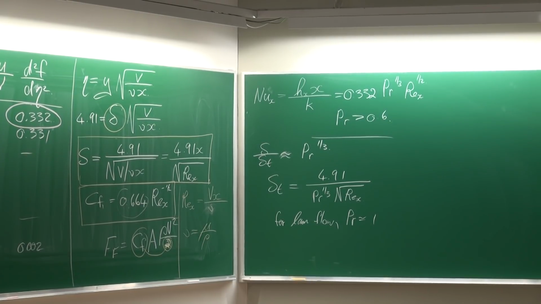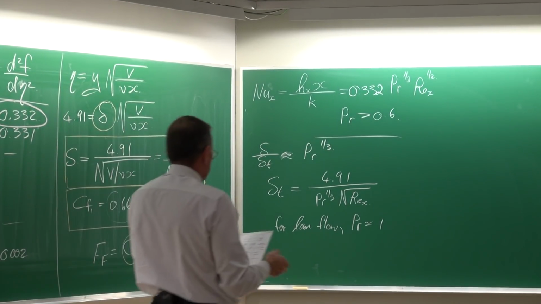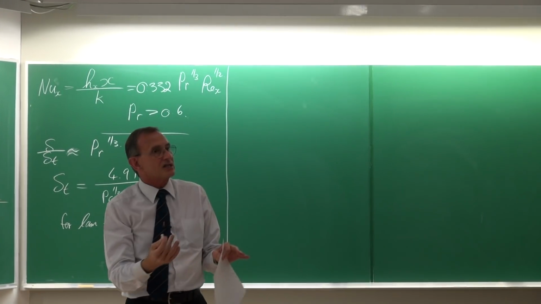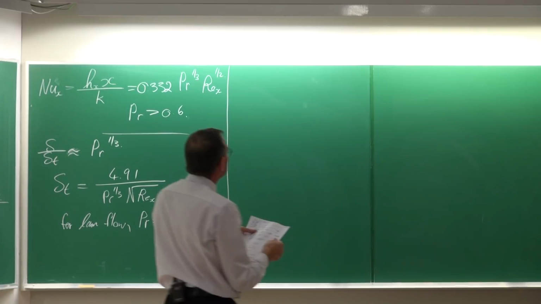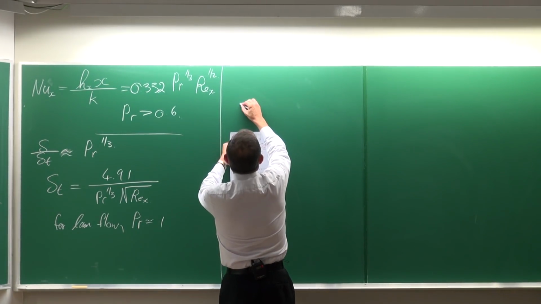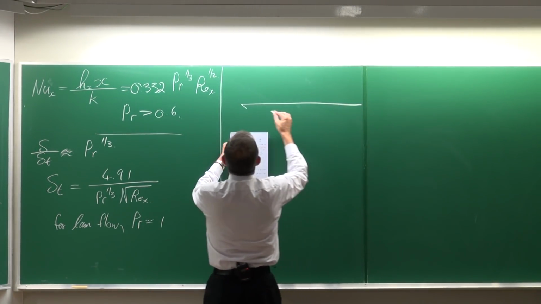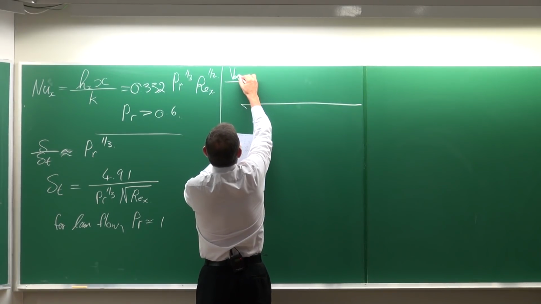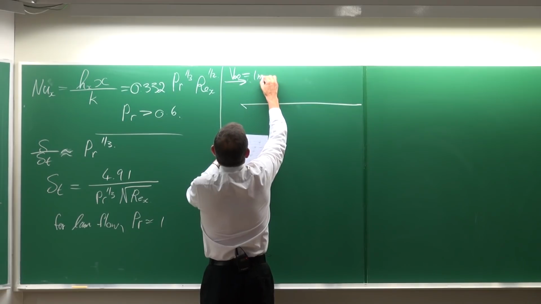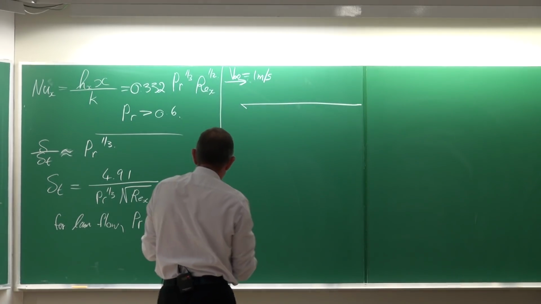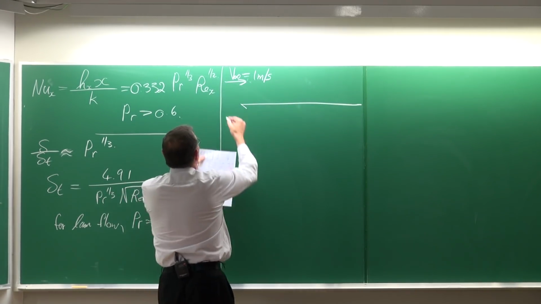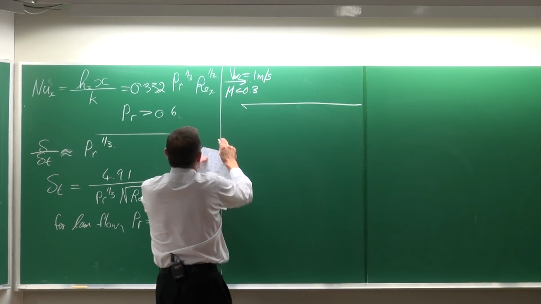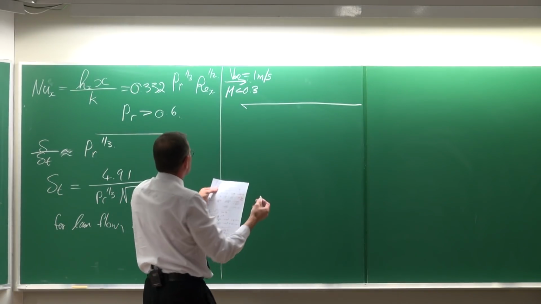Let's look at a simple example just to give you a little bit of a feeling for the boundary layer thickness and the thermal boundary layer thickness. So let's consider a plate for which we've got a free stream velocity of 1 meter per second. A Mach number smaller than 0.3, which means that it is incompressible.